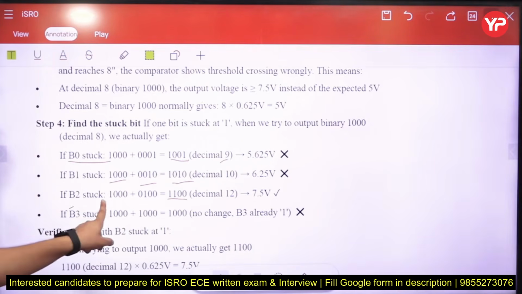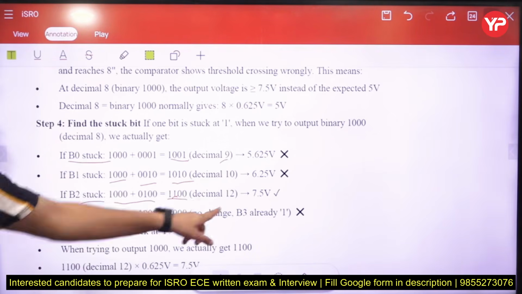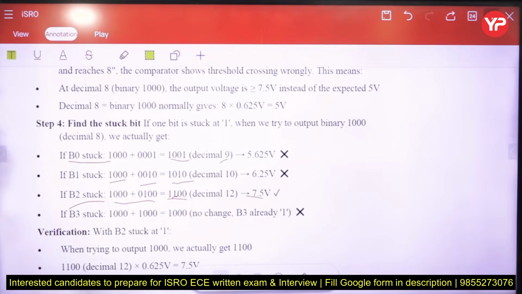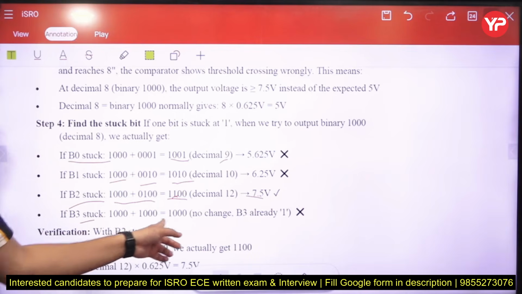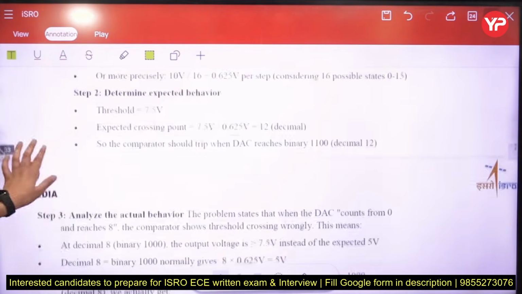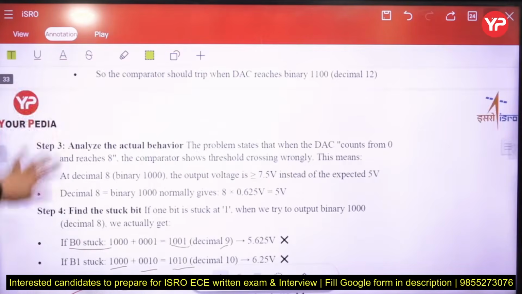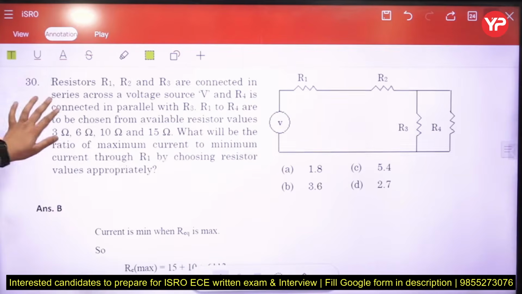When your B2 is stuck to 1, then we will go to 1100, that means 7.5, that will be the answer, right? Because if your B3 is stuck, B3 means 1100, there will be no change. So B3 cannot be stuck. So what will be the answer? It means your B2 can be stuck at that particular one, right?